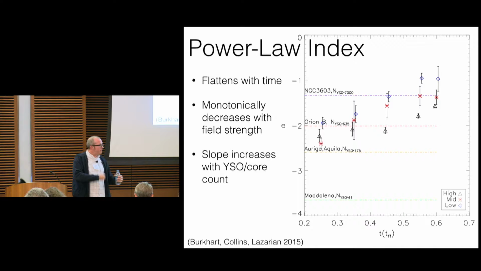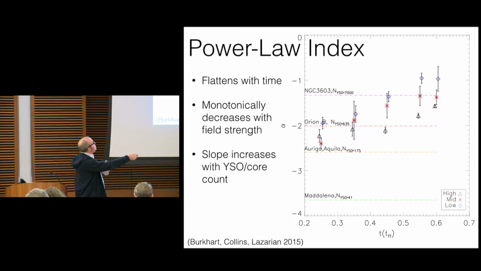We can examine the evolution of the slope of the power law tail as a function of time. So we have alpha is the slope of the power law tail, which ranges from -2 at early times to almost -1 at late times. And this doesn't show much of a tendency to converge or flatten.